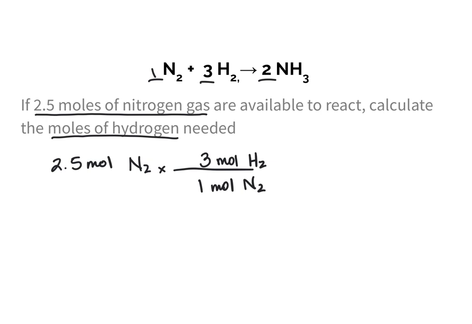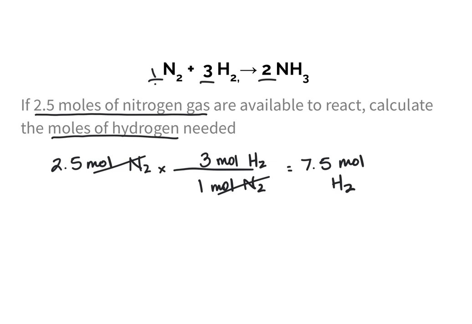And that's simply it. So moles of N2 cross out. To solve this, I just multiply across. 7.5 moles of H2 are required for every 2.5 moles of nitrogen gas.